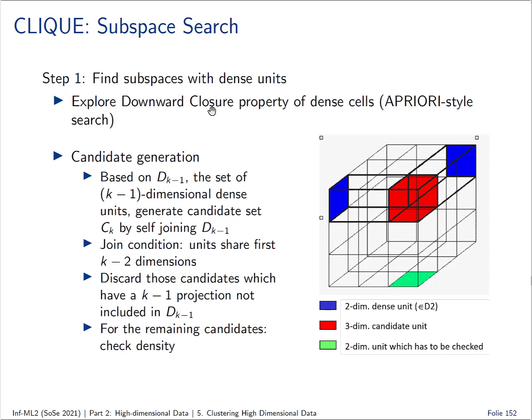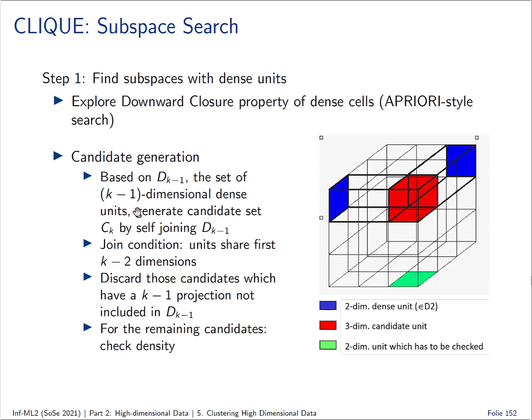So we can employ this kind of a priori branch and bound search. And the most interesting part maybe is the candidate generation. We have a set of k-1 dimensional dense units, and from those we know that only these k-1 dimensional dense units can form k-dimensional dense units, because of the downward closure property.